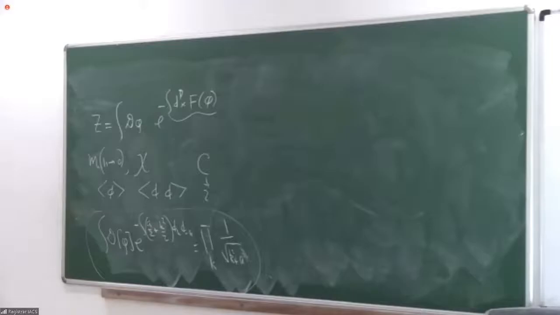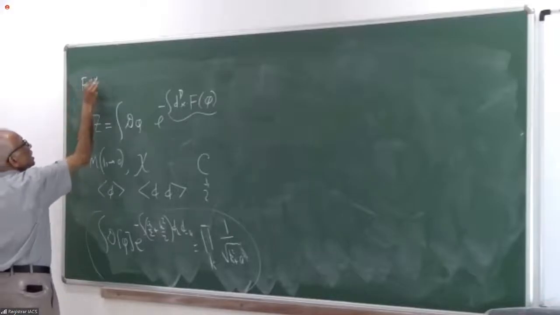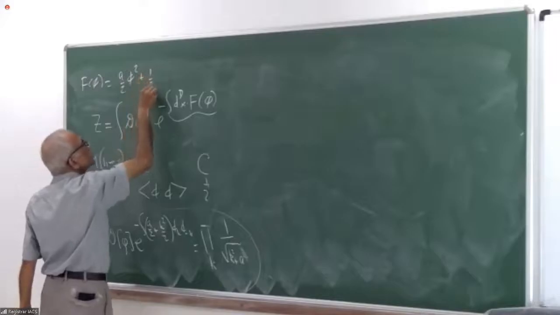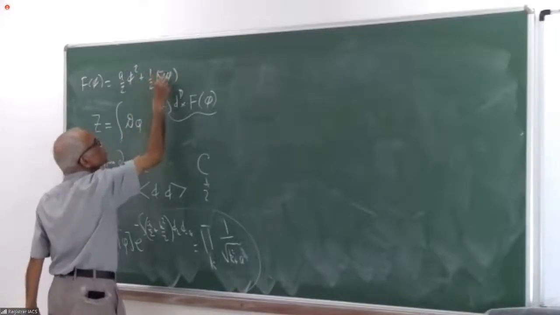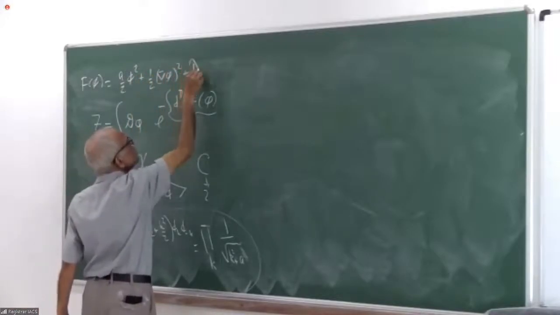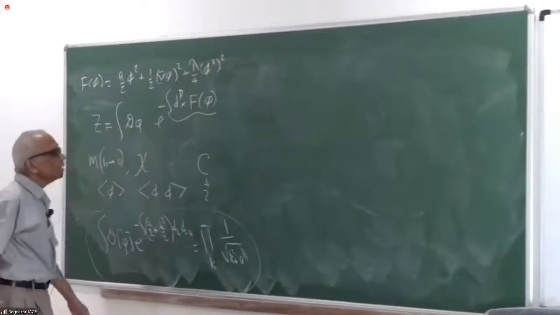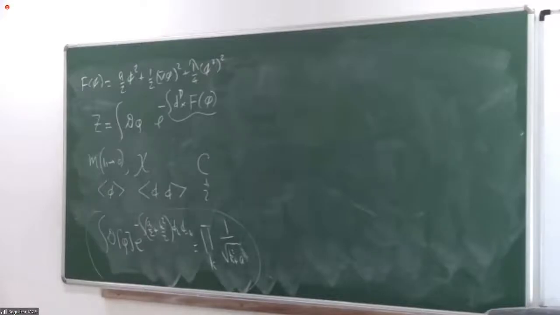I'm just suppressing the other constant. So that's all that I know how to do. But I have to actually do this, and I know that f of phi in reality is a over 2 phi squared plus half z phi squared plus lambda over 4 phi to the fourth. So very good.